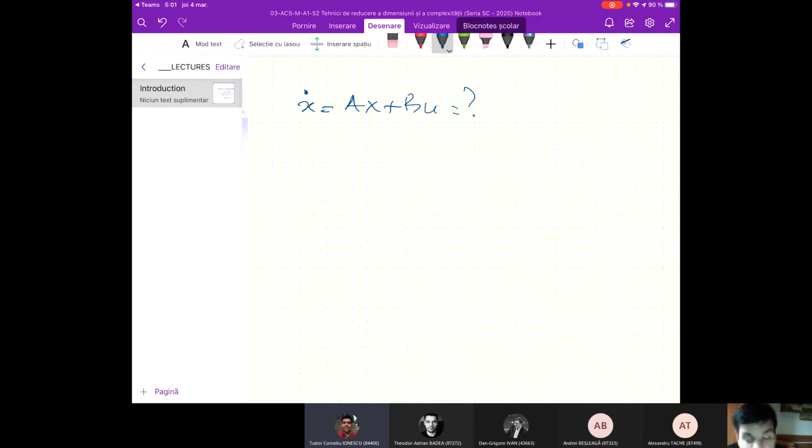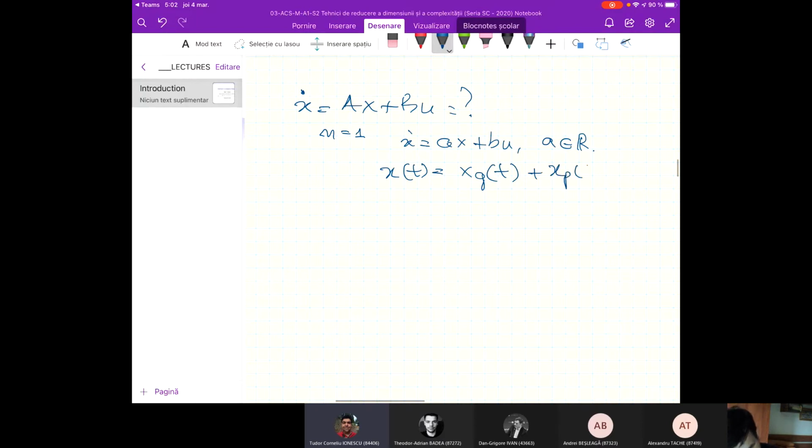So let's go back to the scalar case, which means let's shrink n to 1. You have this differential equation, x dot equals ax plus bu, where a is a real number. The total solution of such an equation is the general solution plus the particular solution.